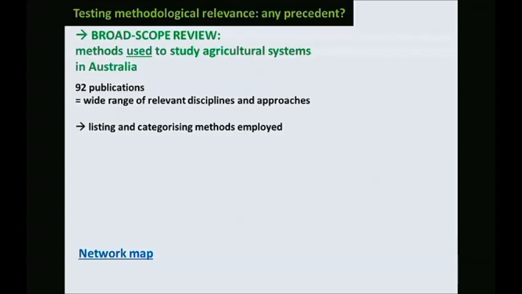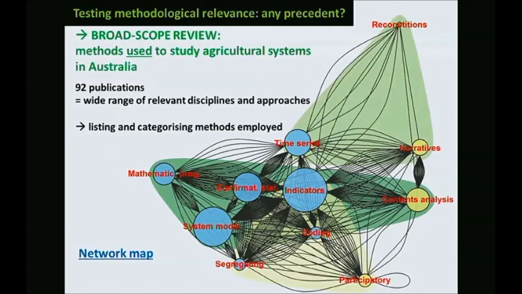I listed all the methods used and categorized them to build a network map. So here it is. Essentially, we have 11 methodological families. Within each, there's a list of methods. The nodes are their relative importance in the literature, so are they core methods or just accessory things? In blue, we have the quantitative, and in yellow, the qualitative approaches.